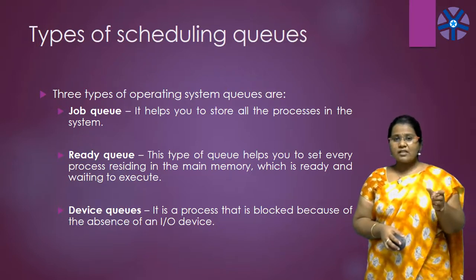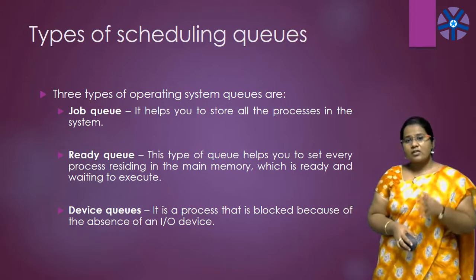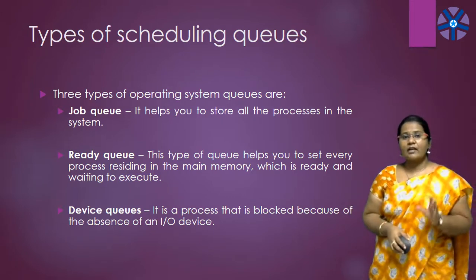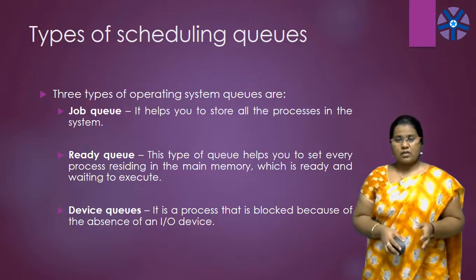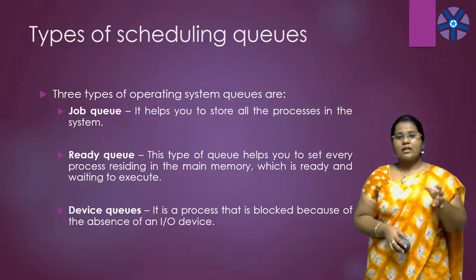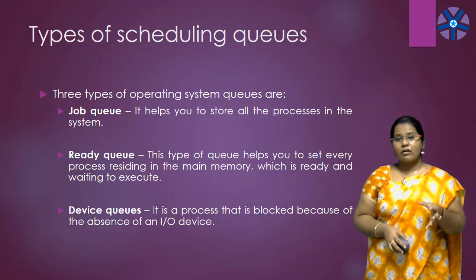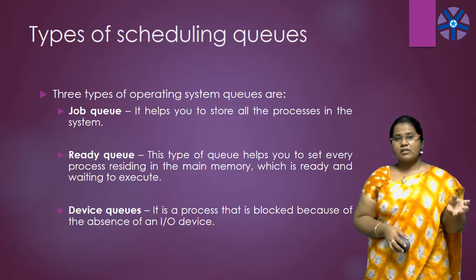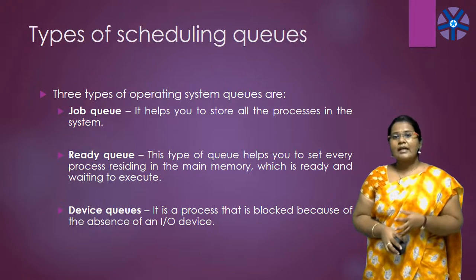After the process is put into the main memory, it will be allocated all the required resources. When the process is ready with all the resources it needs, it is said to be in the ready state. That is, when the resources are allocated, the process moves from new to ready state.